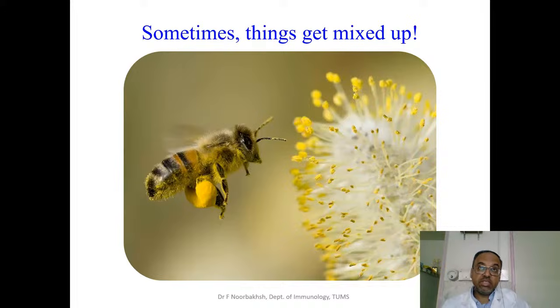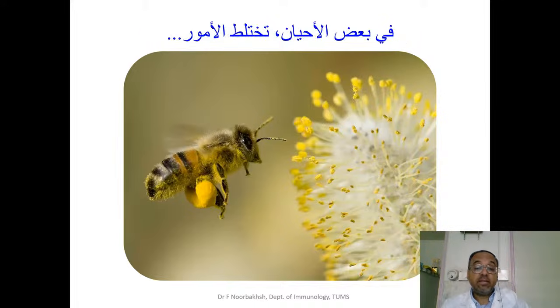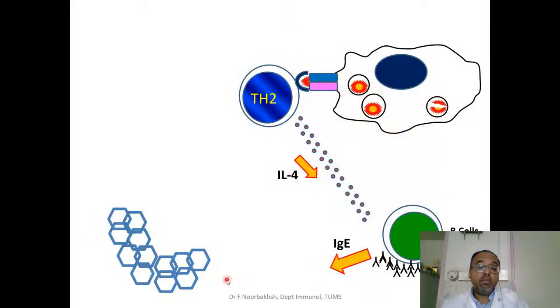So if you get a bee sting, they will be introduced to your body, and then the immune system might mistakenly react against them. Imagine that these are some molecules, either small molecules or protein molecules, derived from pollens or maybe a bee sting. Sometimes IgE is produced against them.